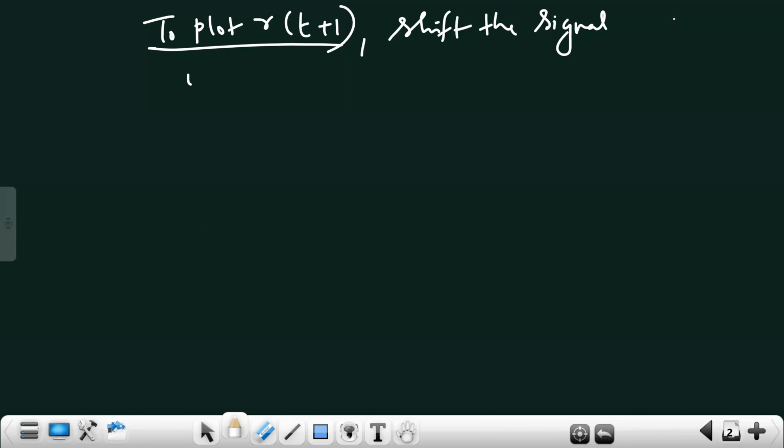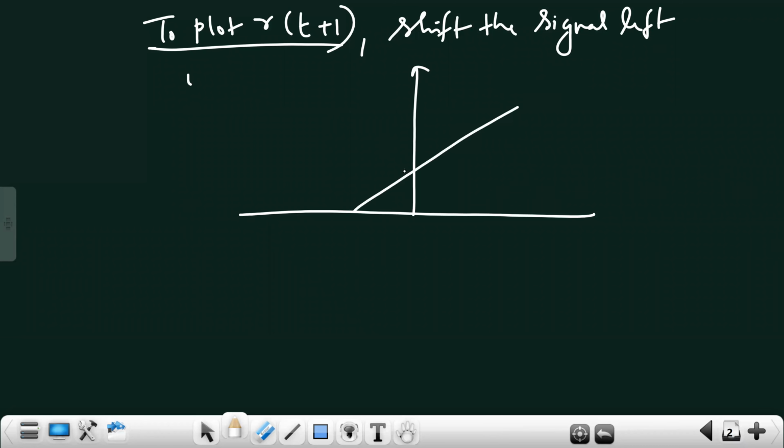So the same r of t, you are going to shift towards left by 1 unit of time. So at t is equal to minus 1, the signal will begin. At t is equal to 0, you will have 1. At t is equal to 1, you will have 2. At t is equal to 2, you will have 3. And at t is equal to 3, you will have 4. Like that it will go.